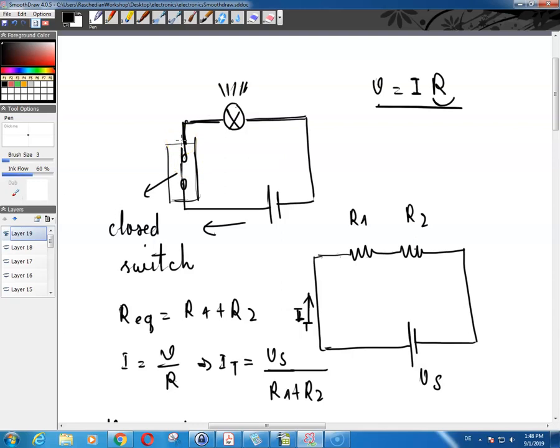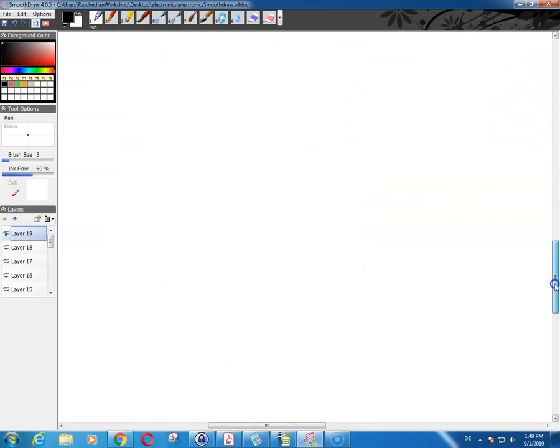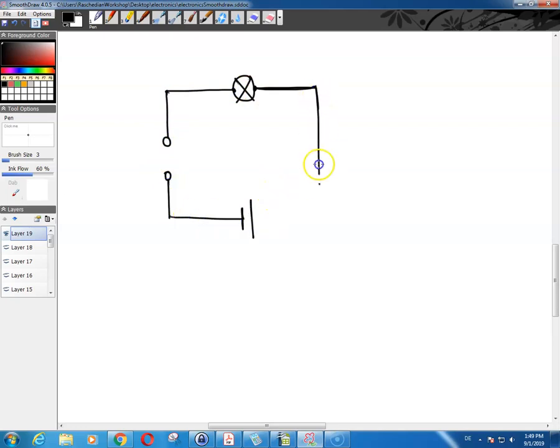And what happens is that, as opposed to this idea of the switch being closed, you can also have your switch being open, meaning that you could have your lamp over here, connected to a switch, and this switch is connected to a power supply, for example, and that's your circuit.